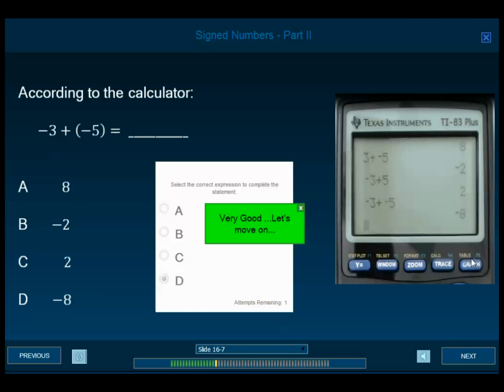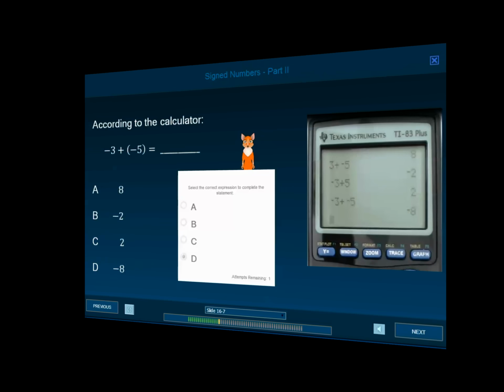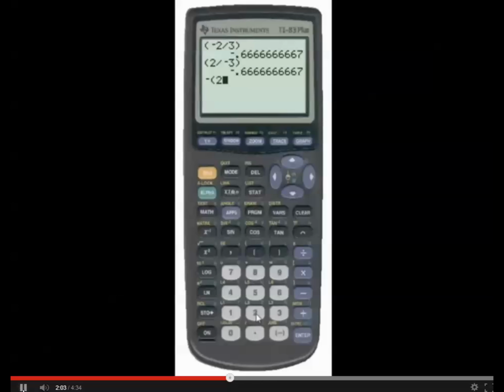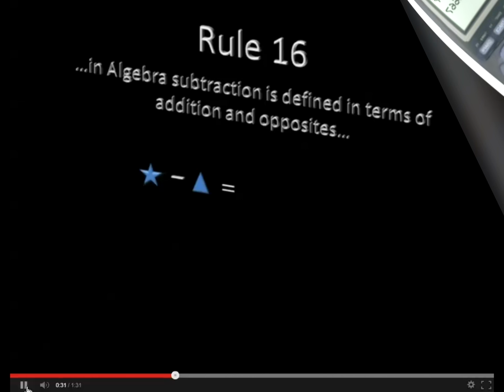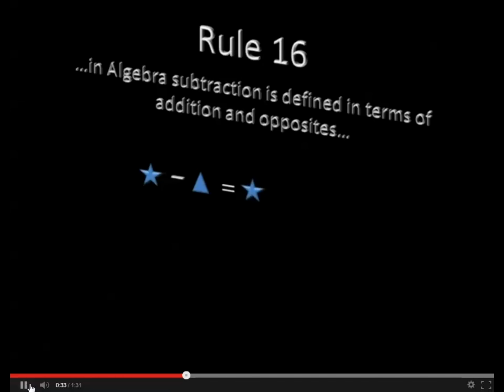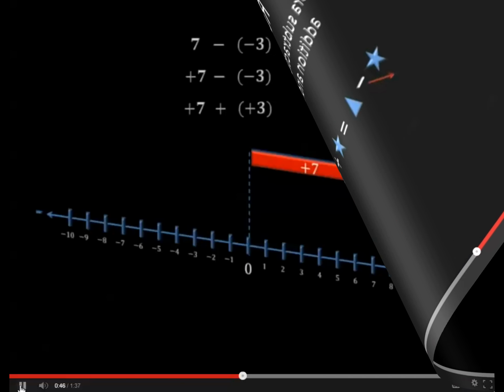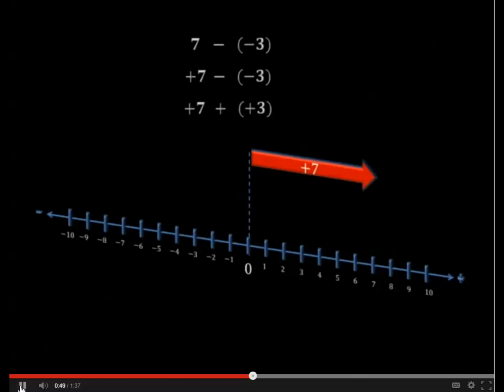Nicely done. According to the calculator, a -3 plus a -8. 2 over 3 ending parentheses. And when we press enter, we'll get the same value. You can represent the first expression plus the opposite of the second expression in the positive direction.